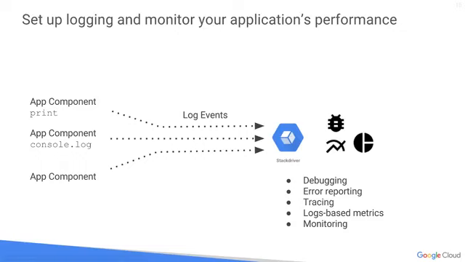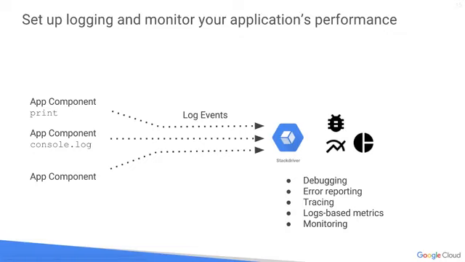Set up logging and monitor your application's performance. Treat your logs as event streams. Logs constitute a continuous stream of events that keep occurring as long as the application is running. Don't manage log files in your application. Instead, write to an event stream such as standard out and let the underlying infrastructure collate all events for later analysis and storage.